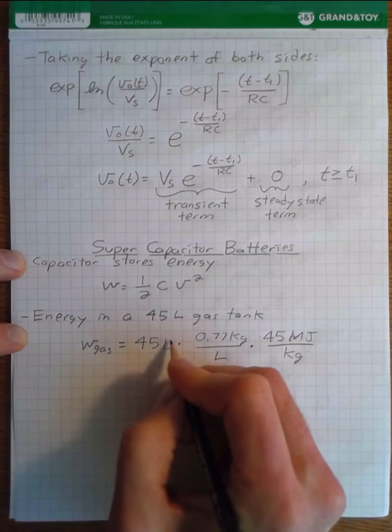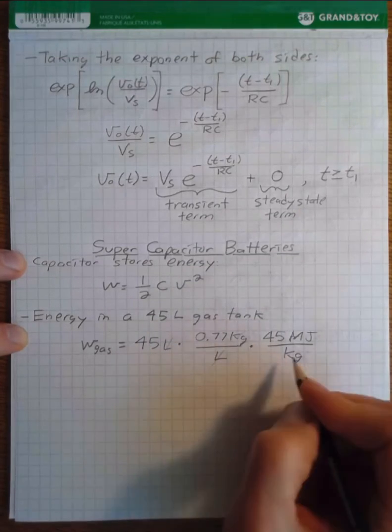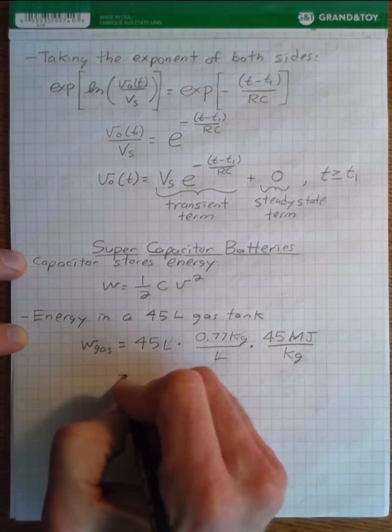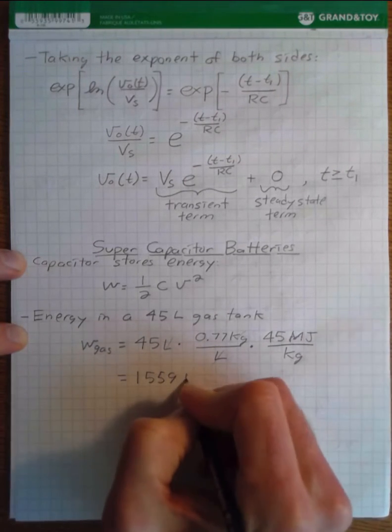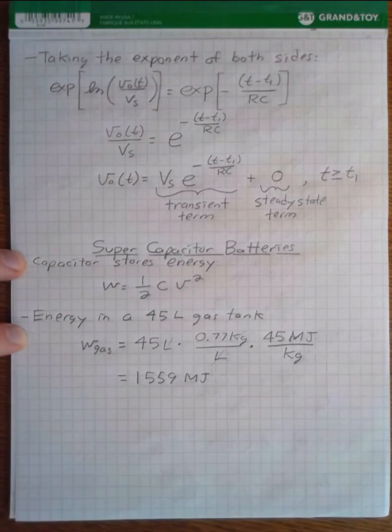Right? And so our liter units cancel, our kilogram units cancel, and the result is 1,559 megajoules of energy.